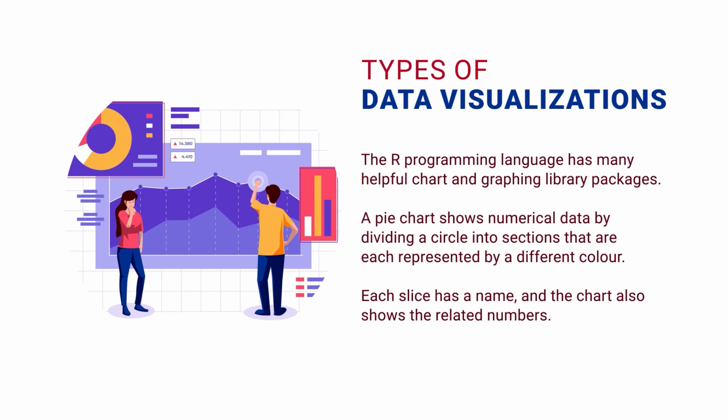In a pie chart, each slice has a name and the chart also shows the related numbers. If you have seen a pie chart, you already know that each slice has a particular quantity or name attached to it, and it also shows you the related numbers.